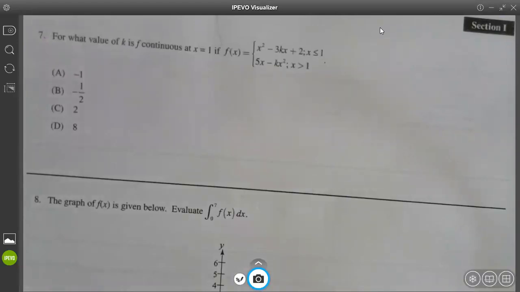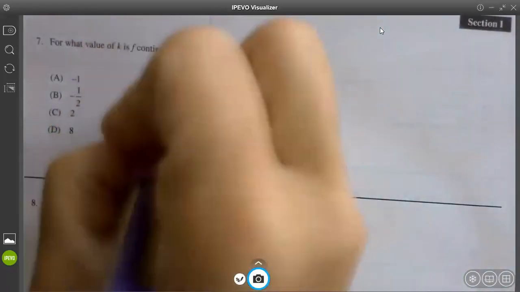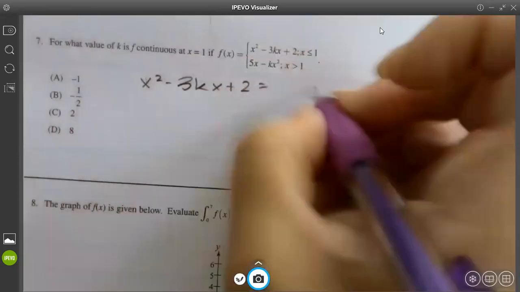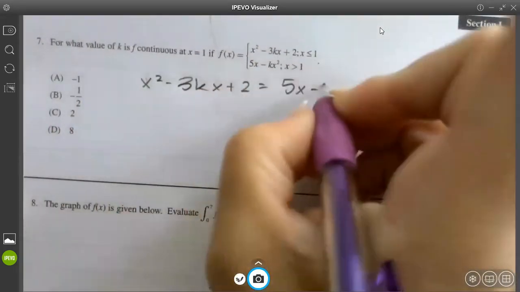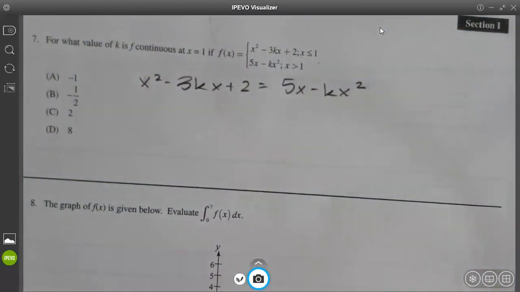Anytime we're trying to figure this out, and we're doing this piecewise function, you set them equal to each other and plug the value in. So you're going to set x squared minus 3kx plus 2 equal to 5x minus kx squared. To be continuous, they both have to have that 1 and they both have to be equal.